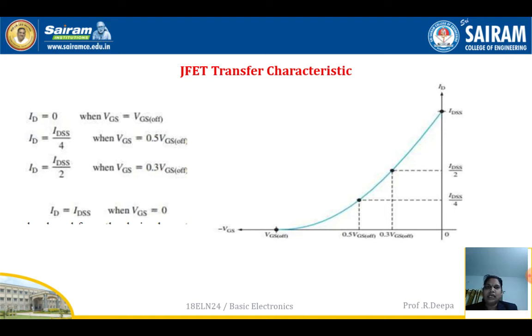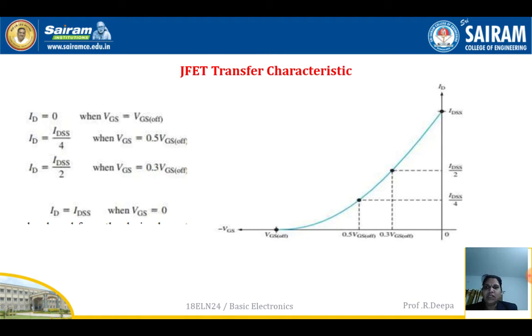So this is another characteristic of the JFET, named the JFET transfer characteristics. It is drawn between the gate source voltage and the drain current. This curve represents the operating range of the gate source voltage and the drain current we obtain as we vary the gate source voltage.